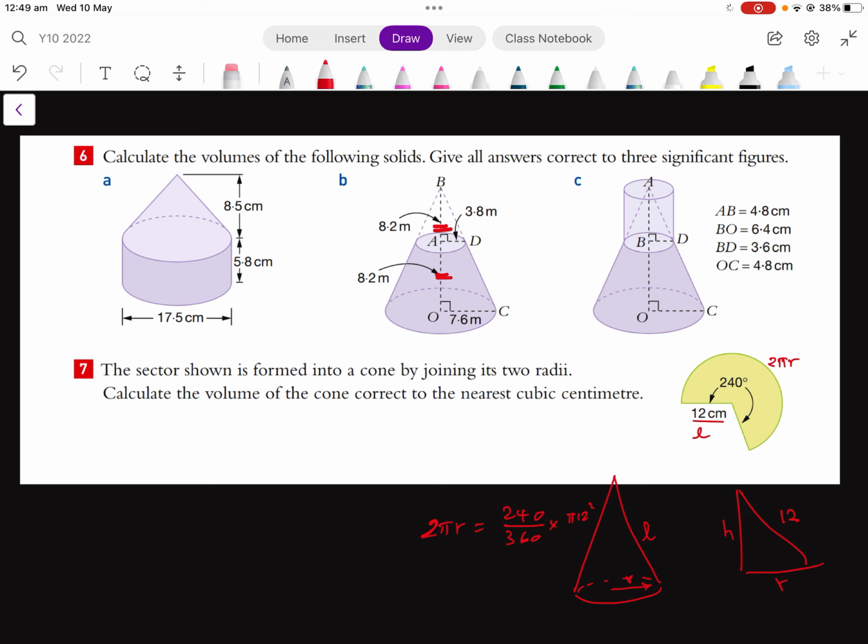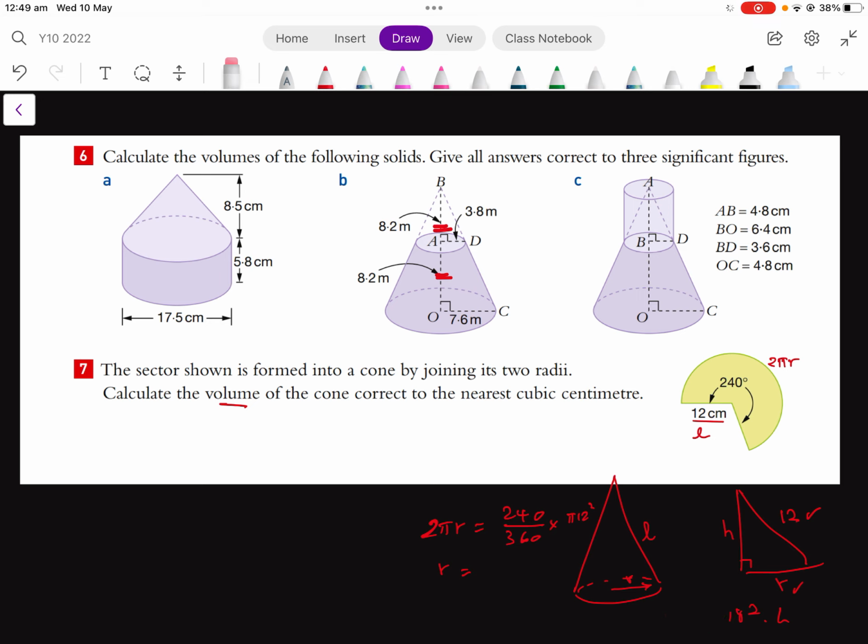So if I have pi 12 squared, I'm taking a fraction that is a sector, it is a major sector, with an angle of 240 over 360, I can find r from this equation, correct? Once I find the r, then I know this r, I know this hypotenuse 12. In this right angle triangle, I can find h. Once I can find h, I can find the volume of the cone with the base area r being this. So pi r squared into h, and 1/3 of that will give me the volume of my cone.